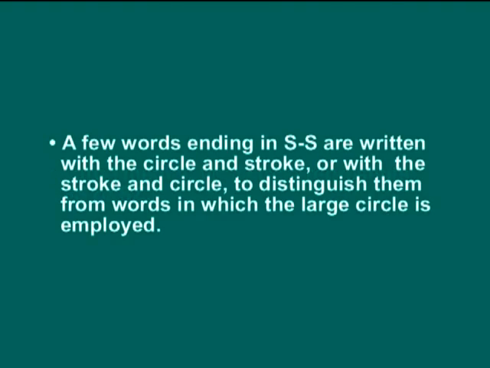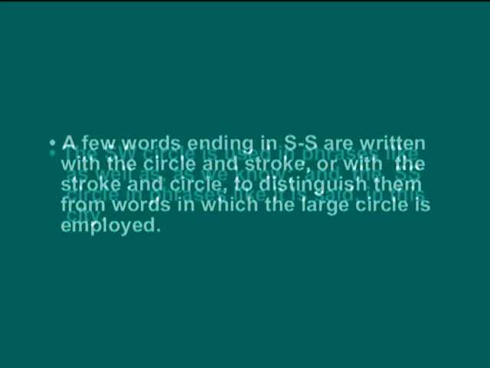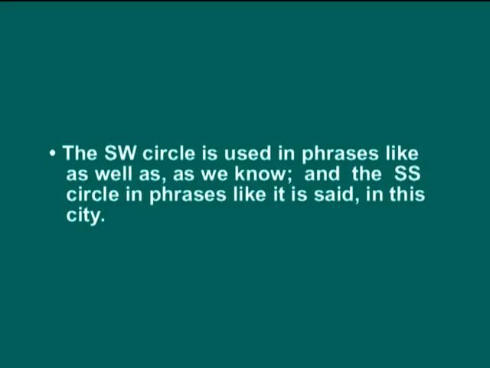A few words ending in SS are written with a circle and stroke, or with a stroke and circle, to distinguish them from words in which the last circle is employed. The SW circle is used in phrases like as well as, we know, and the SS circle in phrases like it is said, in this city.